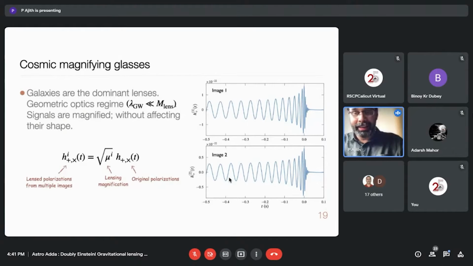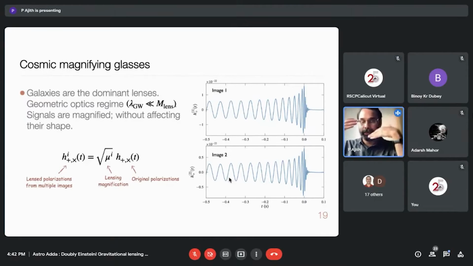But I told you there is a difference between the multiple copies, because the magnification seen by these copies can be different, and in some rare cases this magnification can be extremely high, which means that lensing would allow us to see very, very distant sources which would not have been observable otherwise.